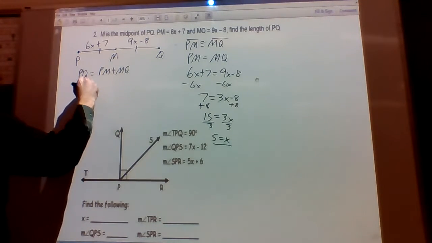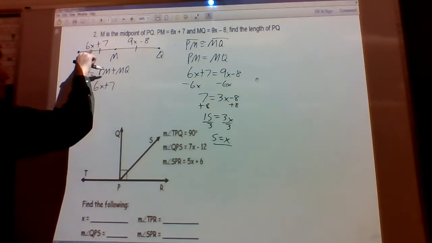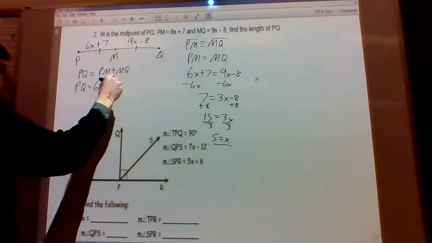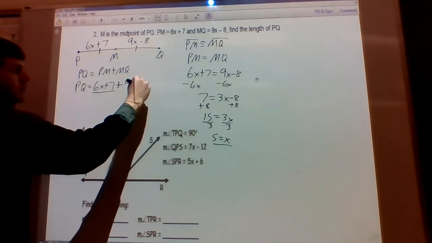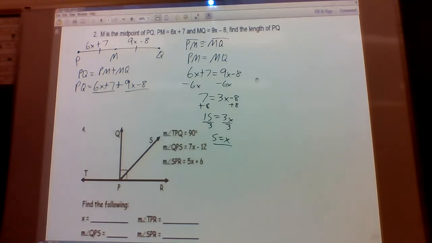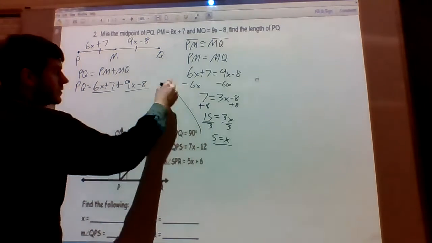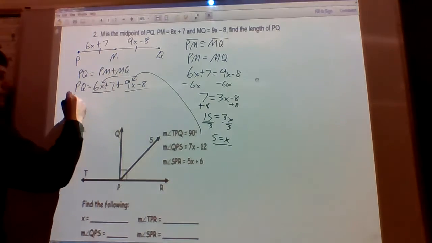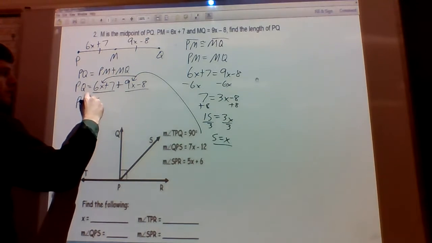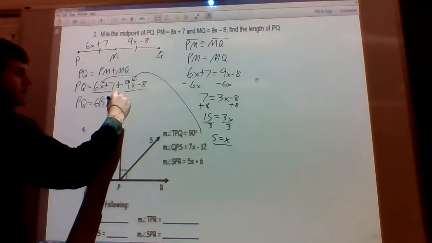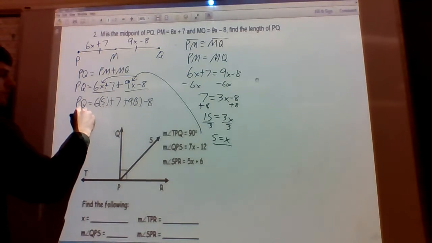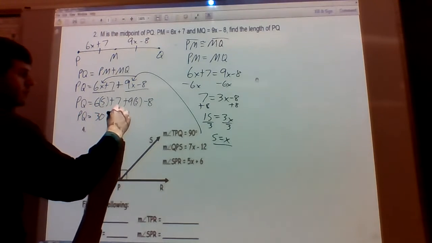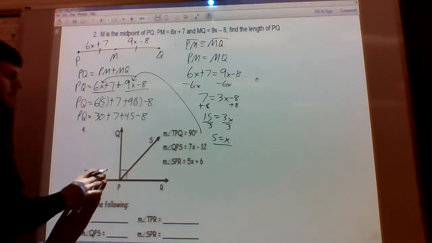So PQ is going to equal 6x plus 7 plus 9x minus 8. What do we know x is? We know it's 5, so we can substitute in the x. PQ is going to be 6 times 5 plus 7 plus 9 times 5 minus 8. So PQ is going to be 30 plus 7 plus 45 minus 8.